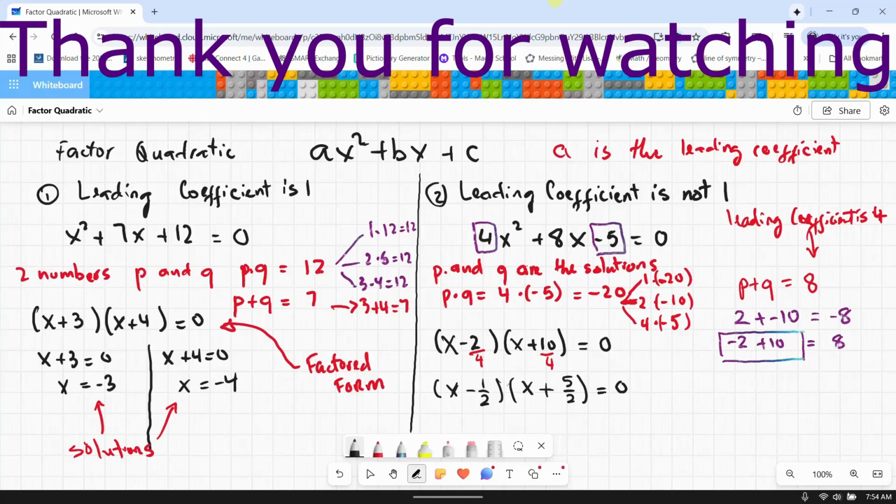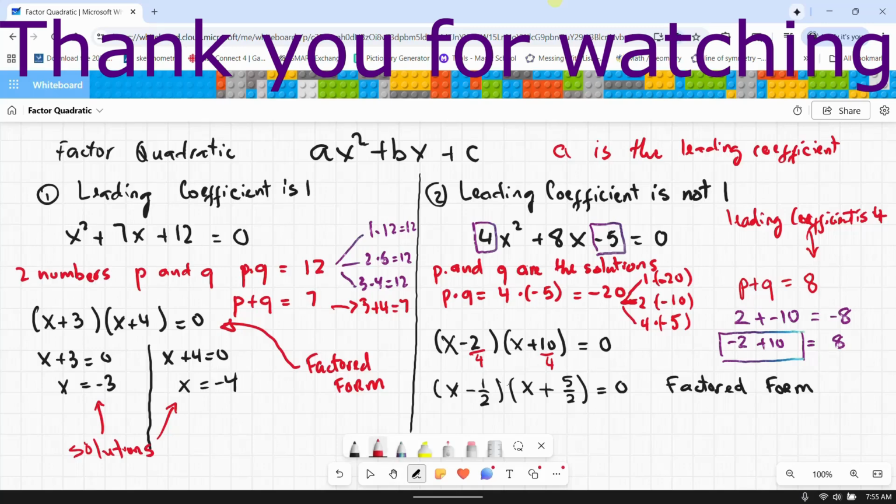So that is the factor form. Now, if you want it to look prettier, you can move the 2 to the x.